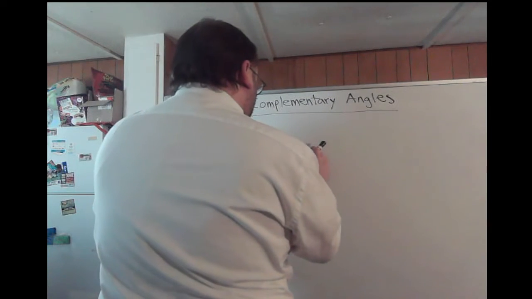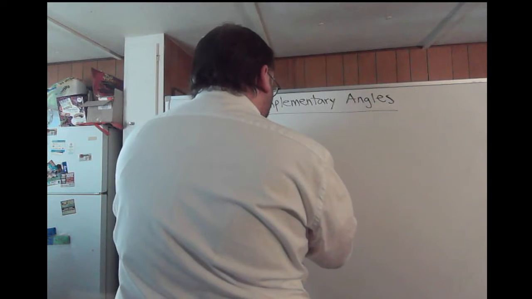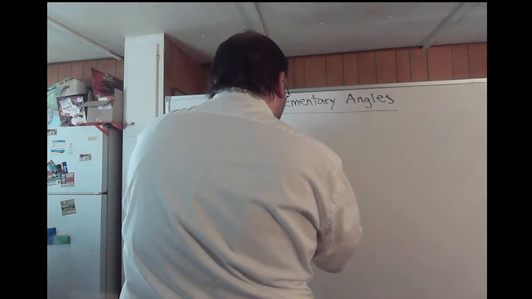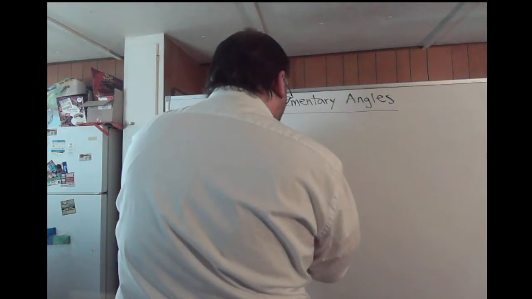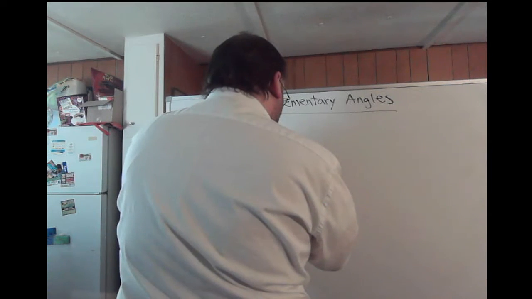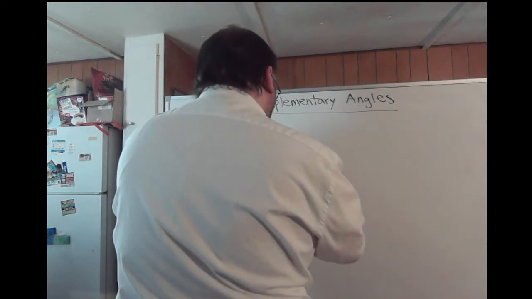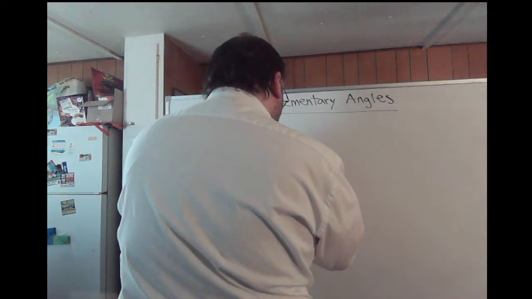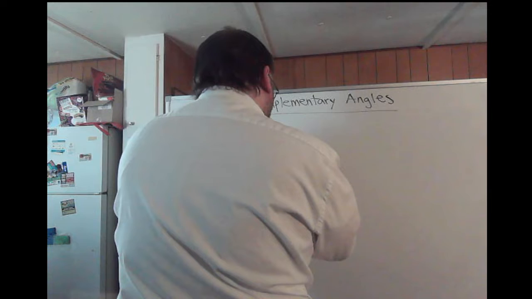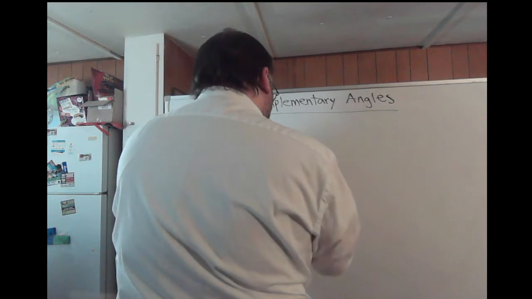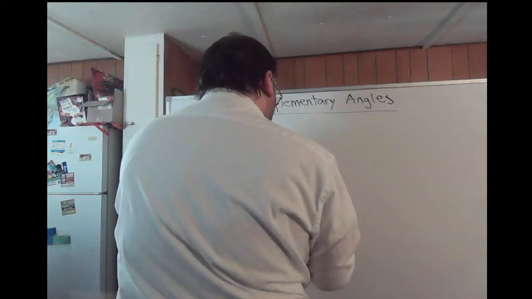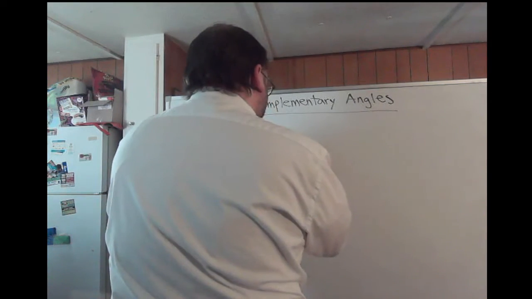So let's say I want to form, I'm going to take my protractor, and let's draw the line to 90. So the entire thing should equal 90 degrees.